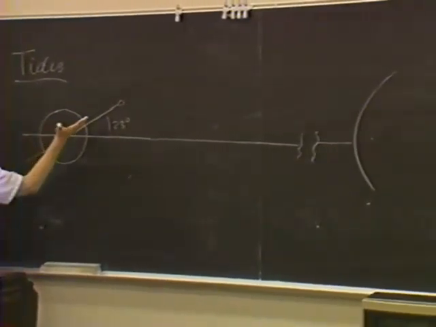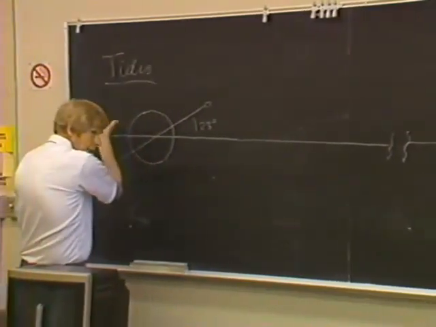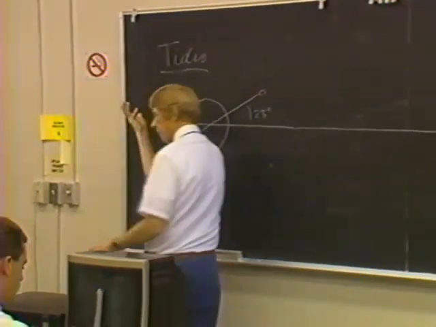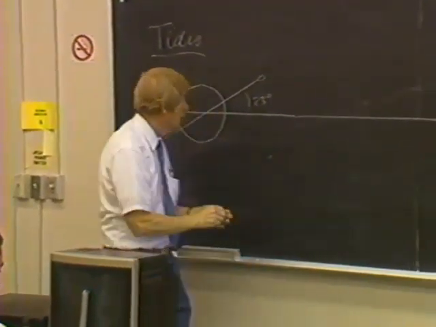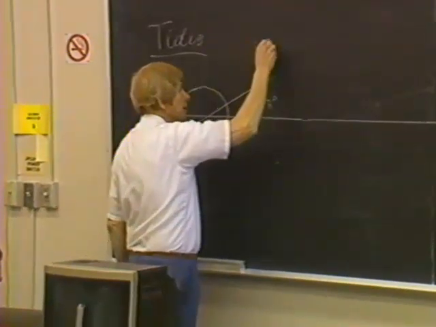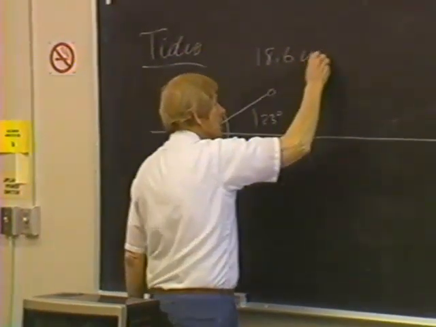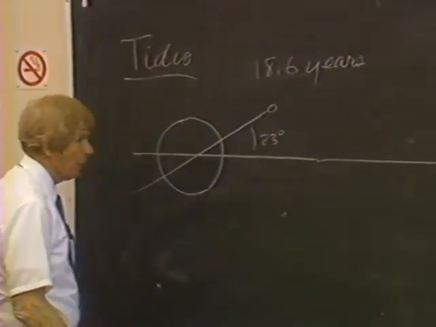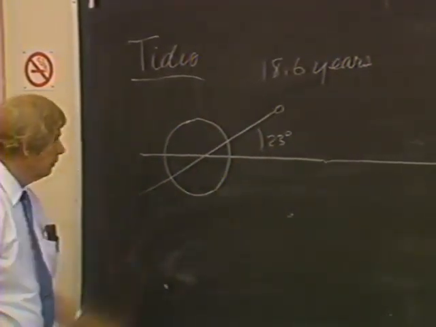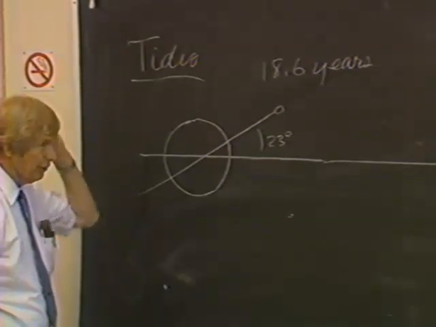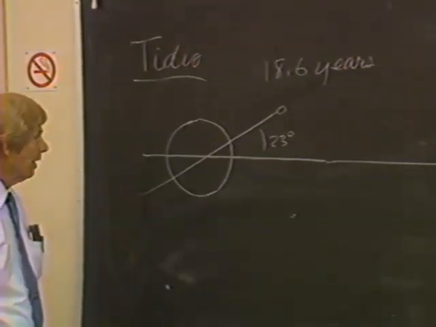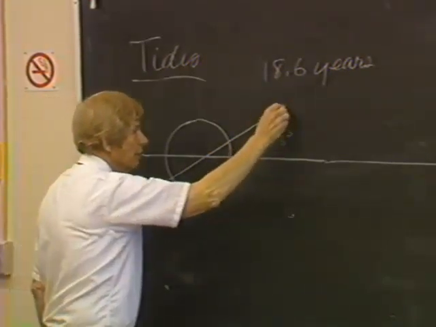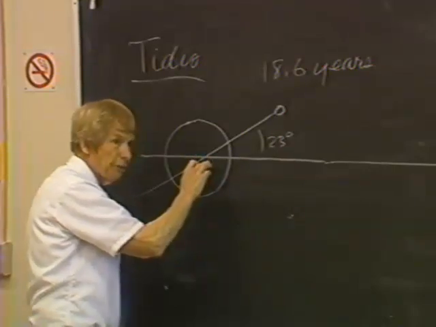The moon's axis precesses, the moon's plane of rotation, I should say, precesses around the Earth with a period of 18.6 years. And of course the moon goes around the sun in 365.25 days.